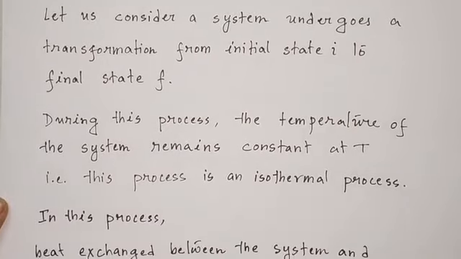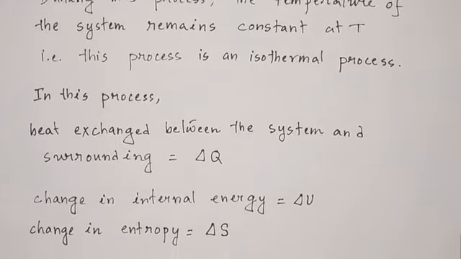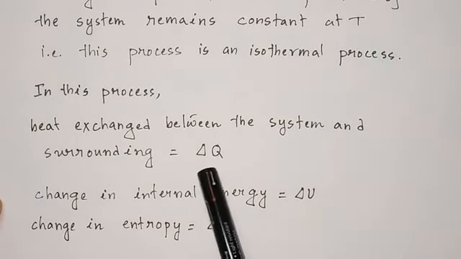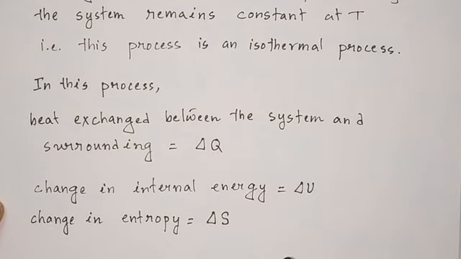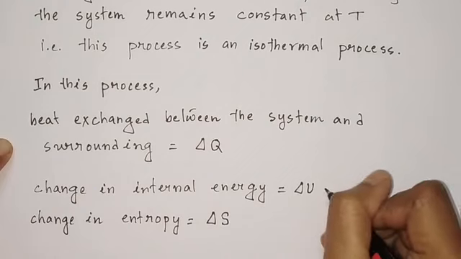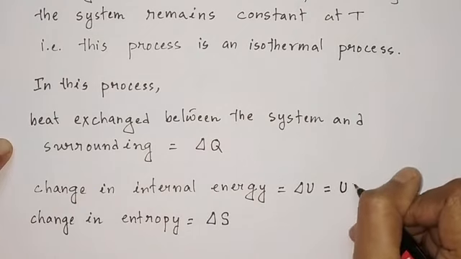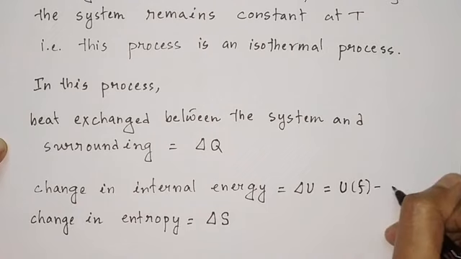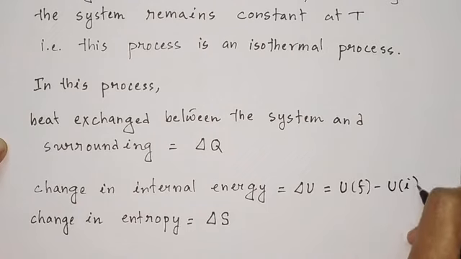Now, during this isothermal process, suppose the heat exchanged between the system and the surrounding is delta Q. And the change in internal energy delta U is UF minus UI.